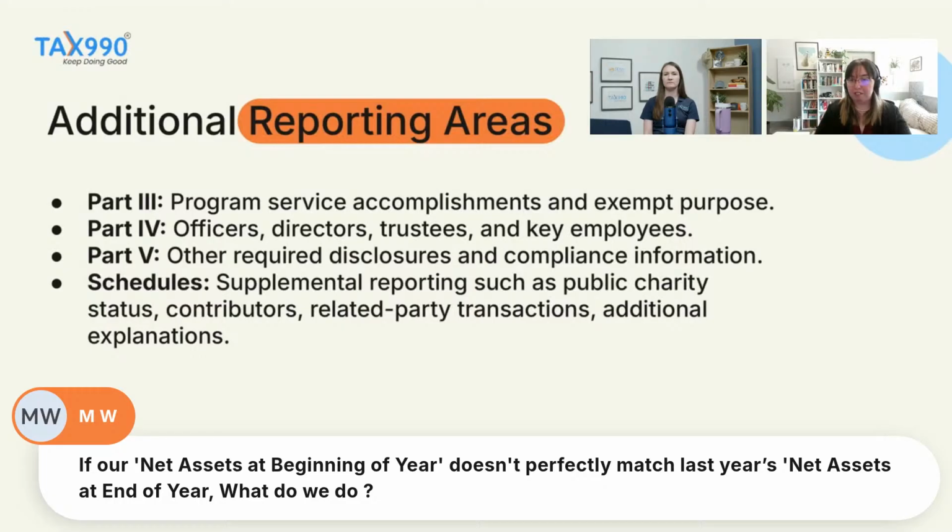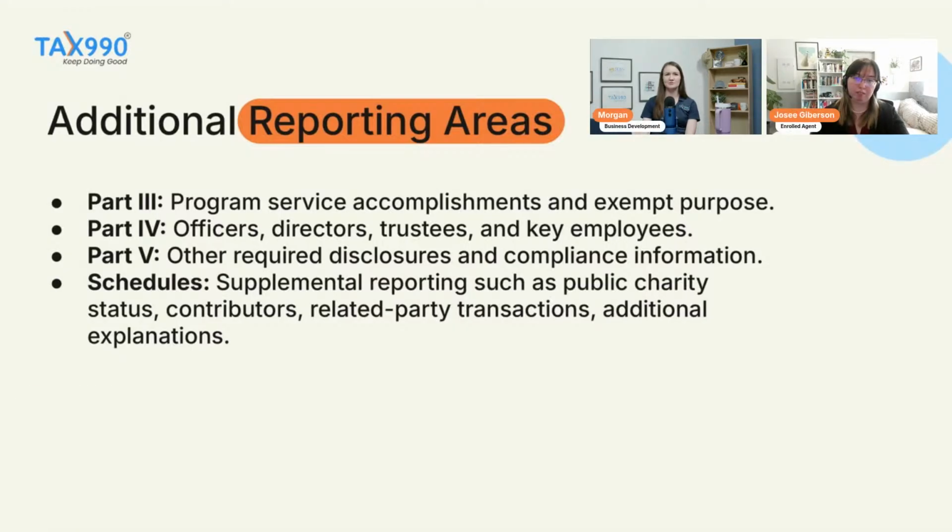So if you do have a mismatch at any point in your tax return when you're looking at the balance sheet, I highly recommend going back and taking a look at the individual transactions that might be contributing to that. One big tip that I recommend is seeing how much that difference is and looking for transactions that match that exact difference.